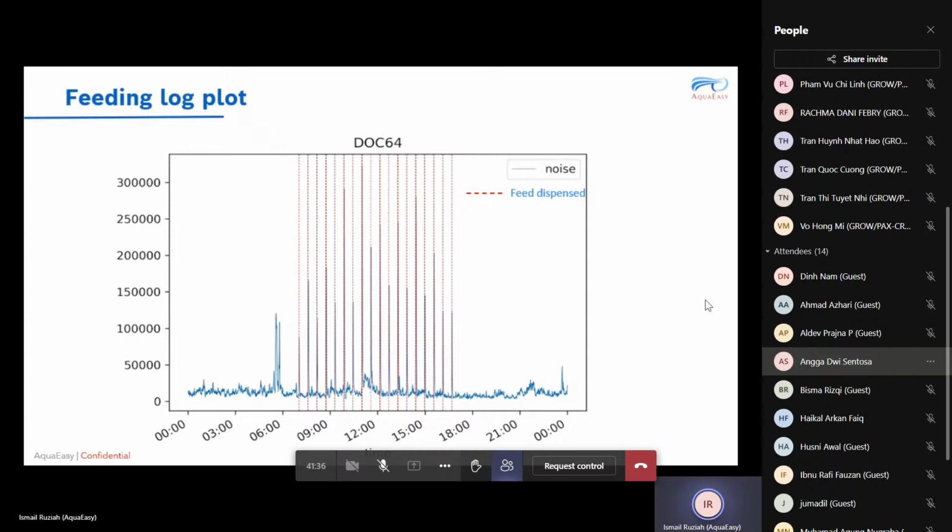If the hydrophone is on this side of the auto feeder, the current will push all the feed away, and we won't be able to get a good feeding response. In a square pond, the example is similar. The hydrophone should be in the feeding area, and the water current should push the feed towards the hydrophone.